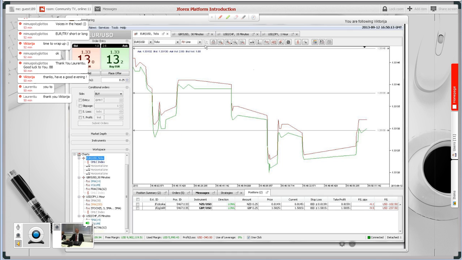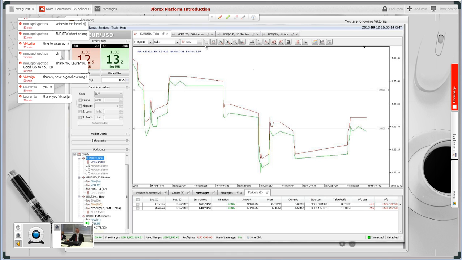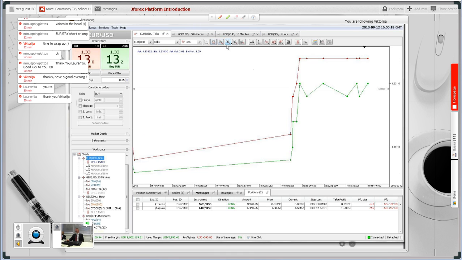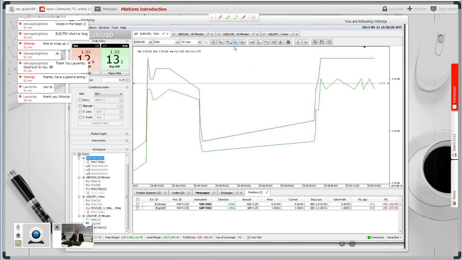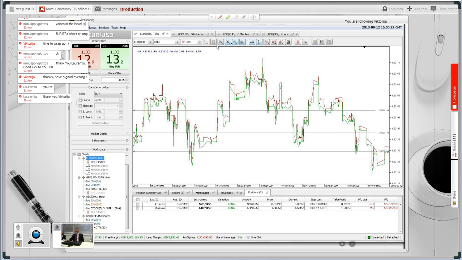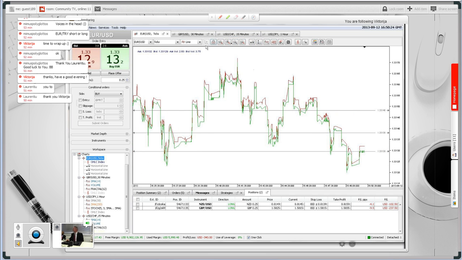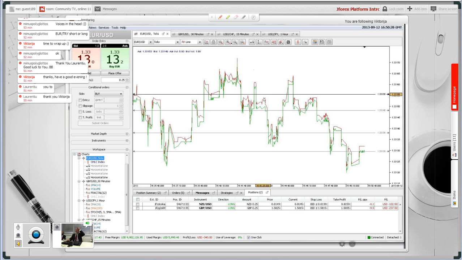First loop or second loop, I can go closer. Minus loop, I go back. You can go up to the creation of the data, 2004.